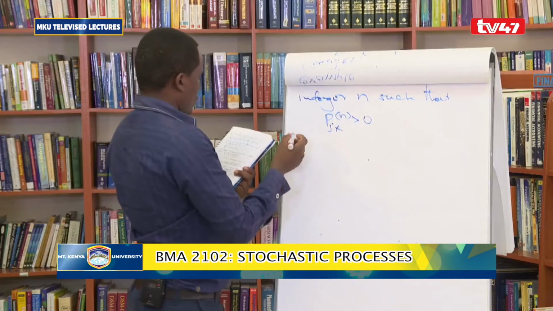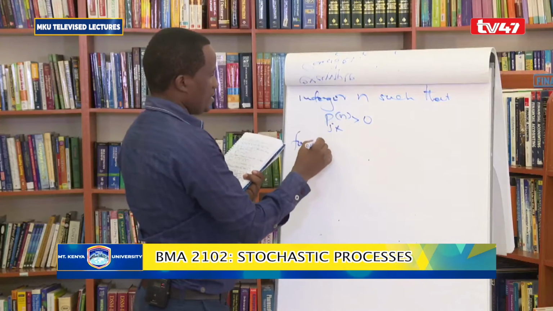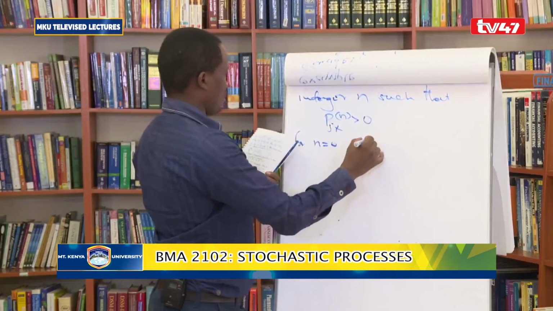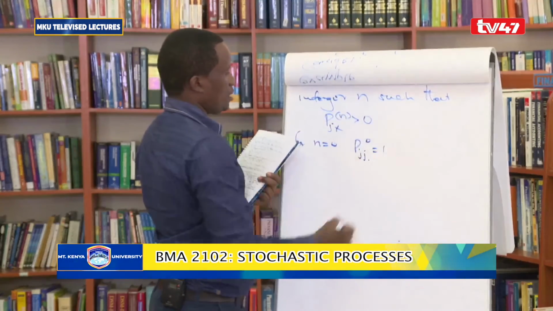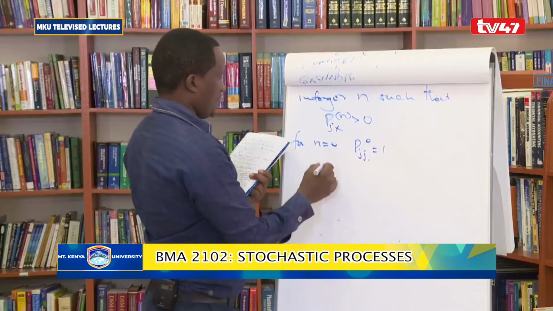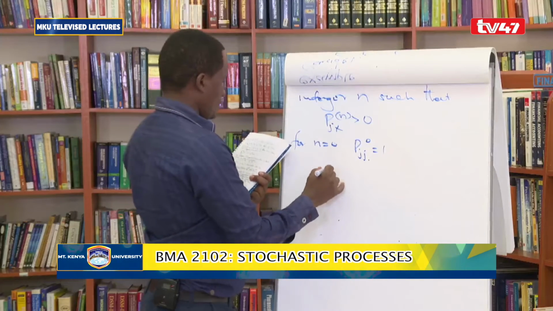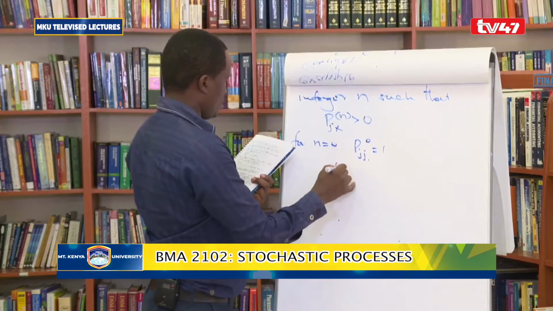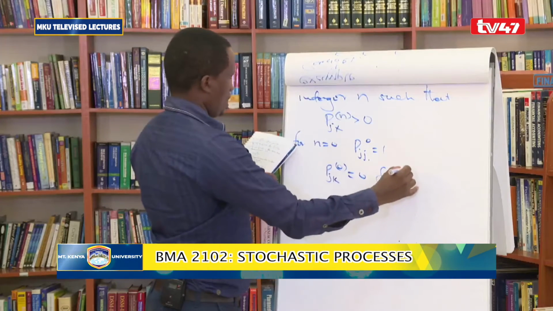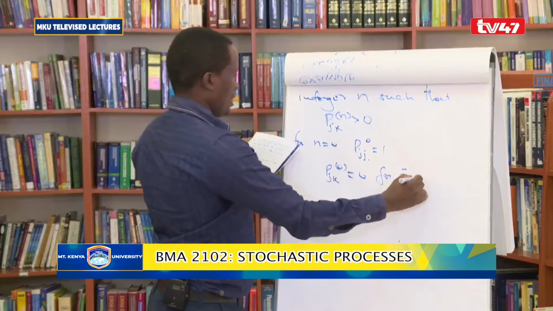So for n equal to 0, we have that p_jj^(0) is equal to 1, like p11 in our case was 1. Then p_jk^(0) is equal to 0 for j not equal to k.